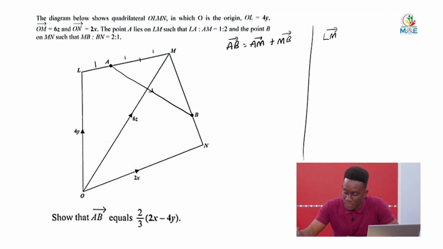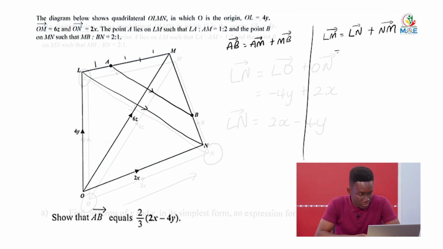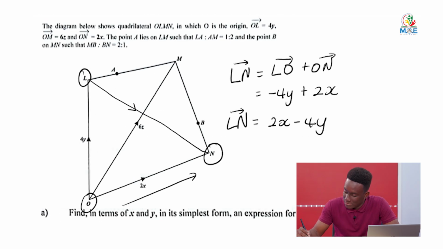So LM, which is here to here, will be equal to, we can move from L to N, as we found LN just now, plus N to M. We found LN earlier to be 2x minus 4y.